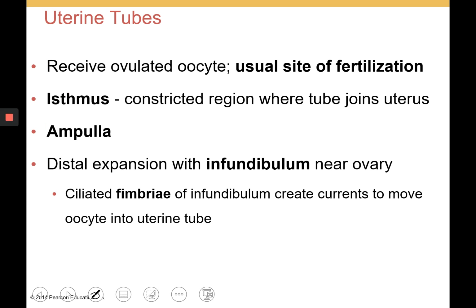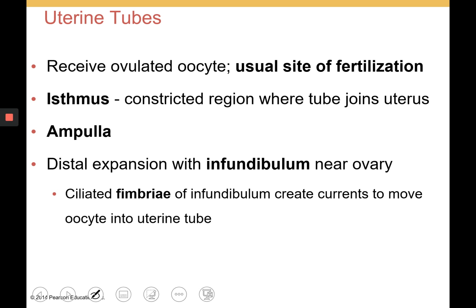We'll look closely at the uterine tubes first, and again, they're what receive the ovulated oocyte, and the uterine tubes or fallopian tubes are the usual site of fertilization. There is an isthmus, a constricted region where the uterine tubes join the uterus, so that's going to be located closer to the uterus and further from the ovary.